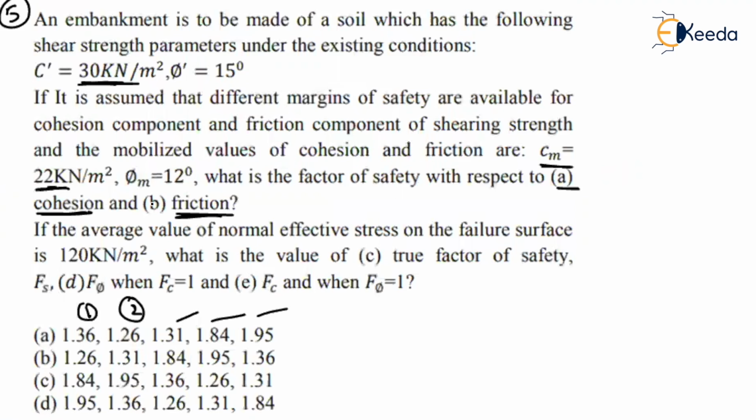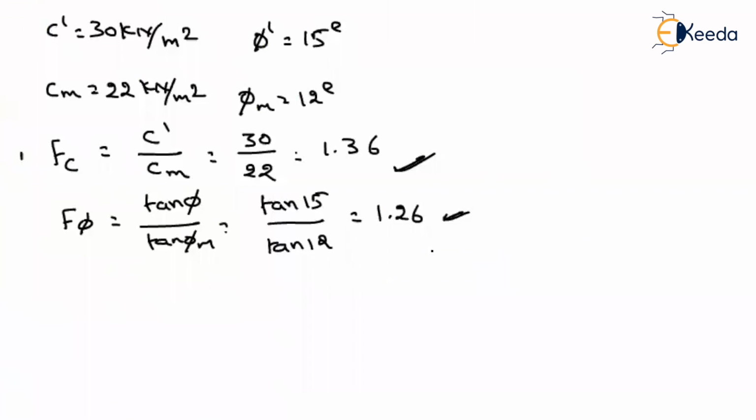After that, what do we have to find? If the average value of the normal effective stress on the failure surface is 120, what is the value of the true factor of safety? How to find the true factor of safety? F will be equal to shear strength divided by shear stress, isn't it? This shear stress is based on the mobilized condition.